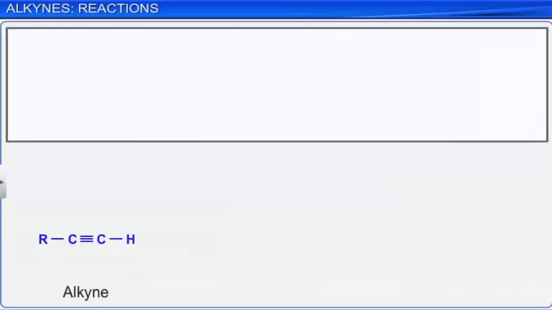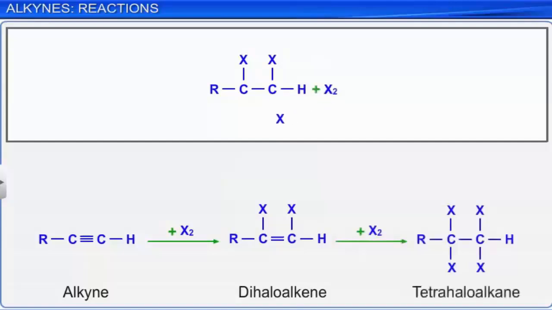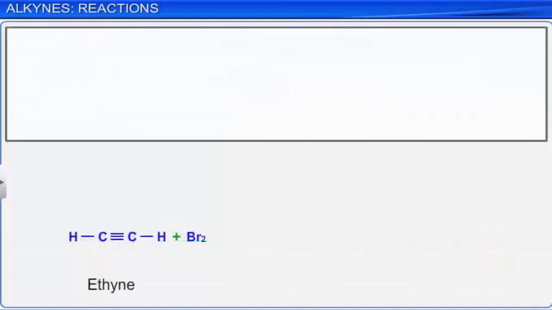Alkynes form dihaloalkene when treated with one molecule of halogen and form tetrahaloalkane when treated with two molecules of halogen. For example, when ethyne reacts with one molecule of bromine, it forms 1,2-dibromoethene.